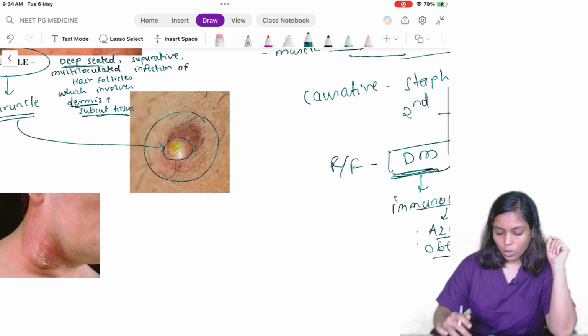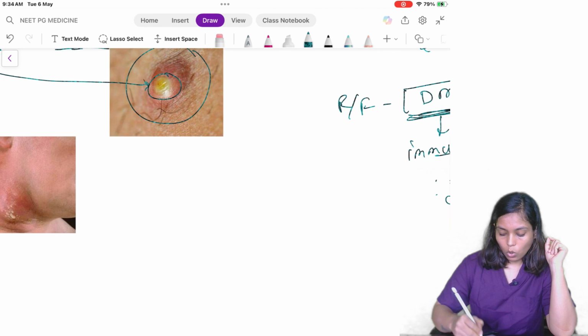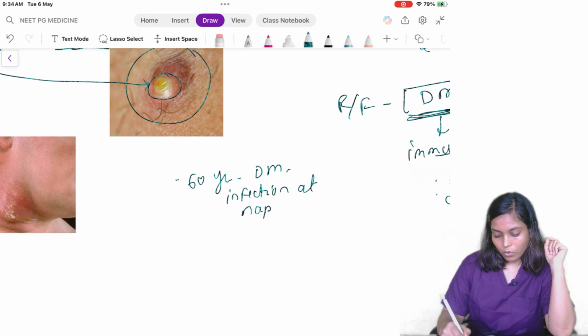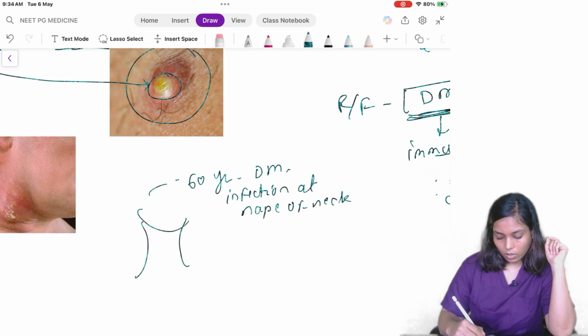Diabetes mellitus. So if you are getting a case of a 60-year-old man having diabetes mellitus and he is having infection at the nape of the neck. What is the nape of the neck? Nape of the neck is the back of your neck.